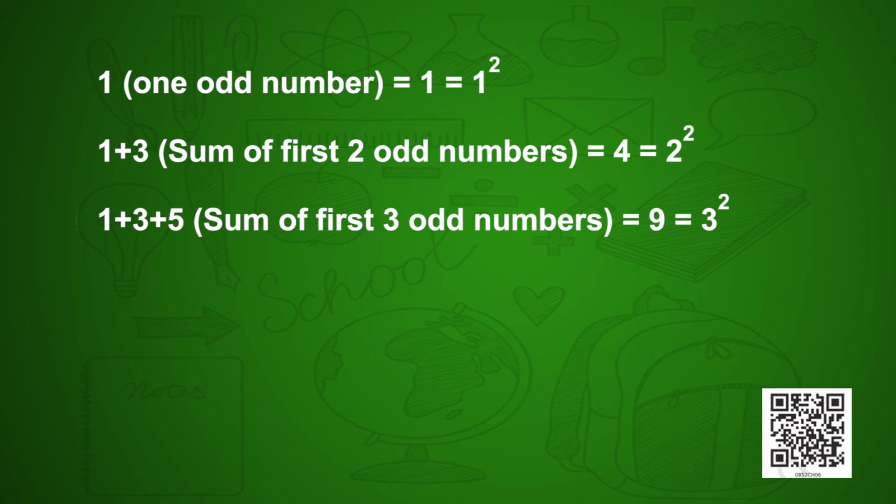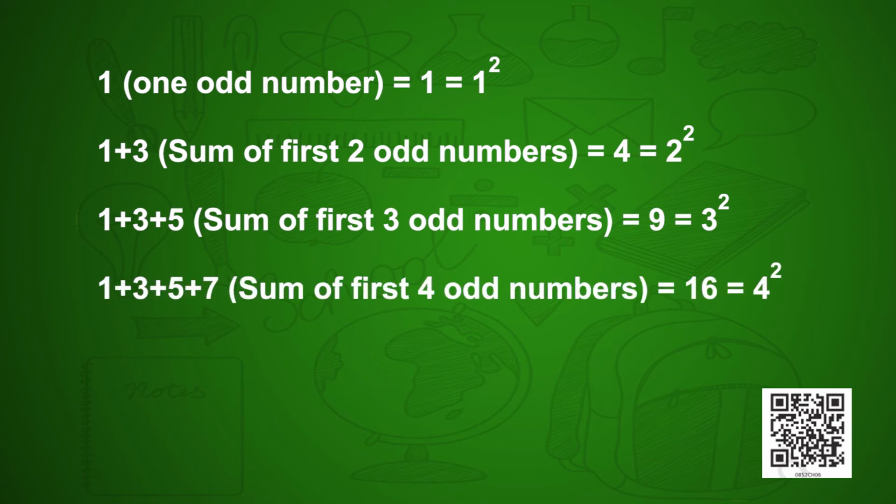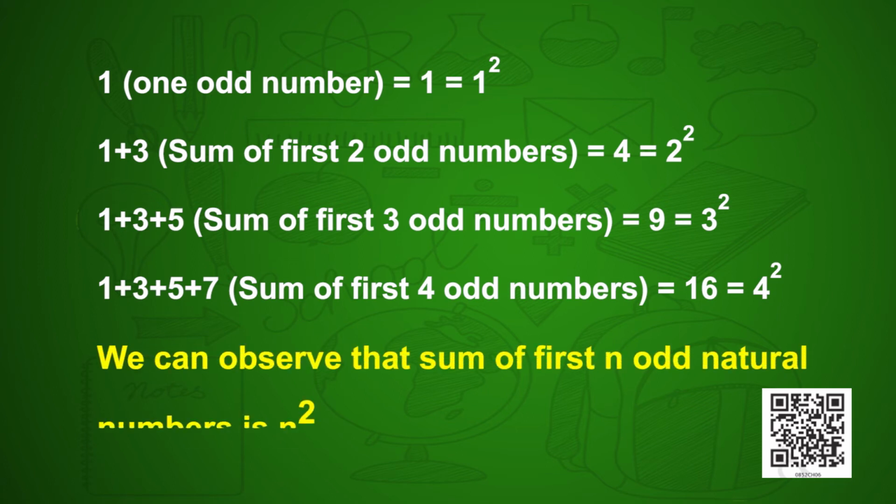Similarly, the sum of first 4 odd numbers, we get 16, which is nothing but 4 square. So, if you observe, whenever we have the sum of first n odd numbers, we have n square as its sum. So, this is one property which we can see, that the sum of first n odd natural numbers is always n square.